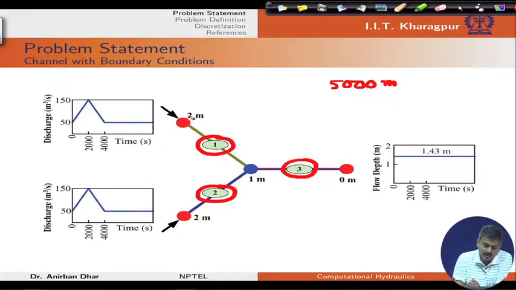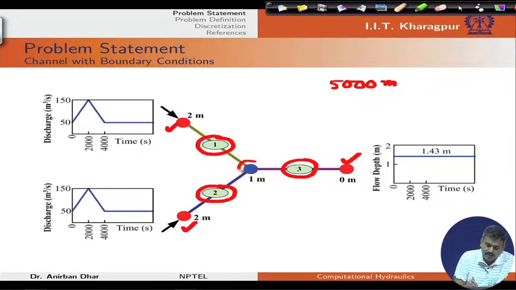and we have two specified discharge conditions at upstream. So, let us say these red dots, red dot 1, red dot 2, these two are specified discharge conditions in the upstream, and we have specified depth condition in the downstream section.